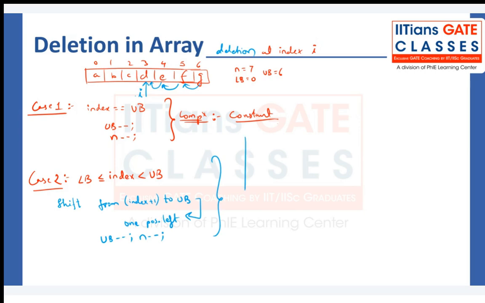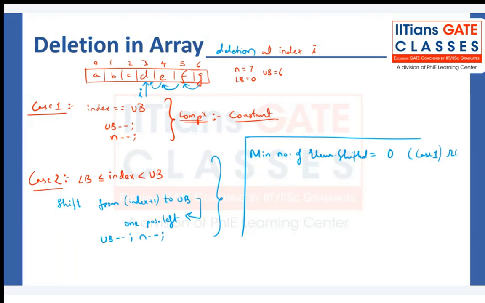Now, similarly, if I ask you the complexity for this, what is the minimum number of elements shifted? Give me the minimum first. How many elements did we shift in the minimum, the first case? Number of elements shifted. Yeah, exactly, 0. So this is your case 1. We shifted 0 elements. Their complexity is constant.